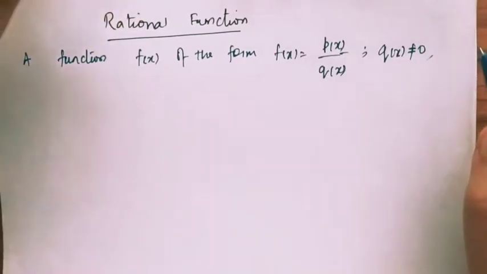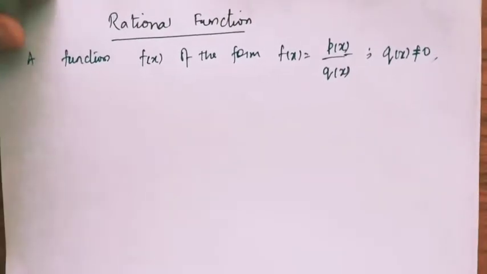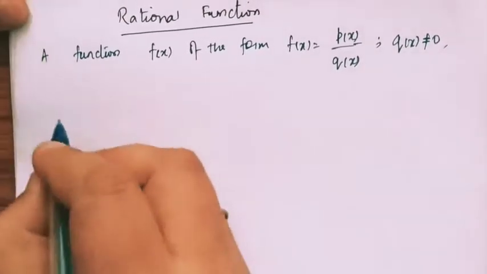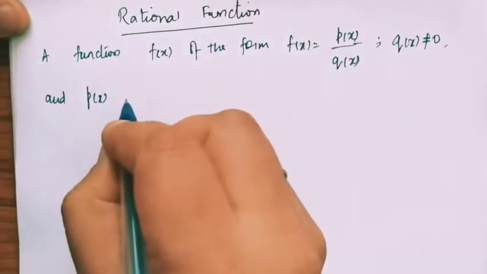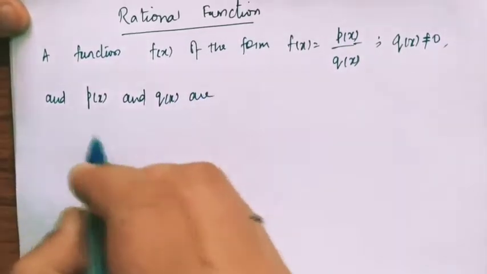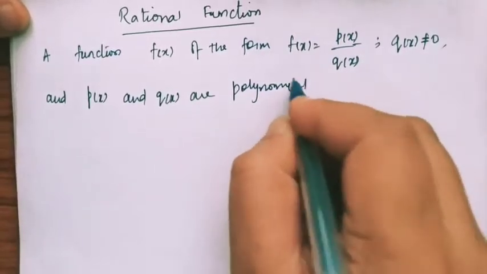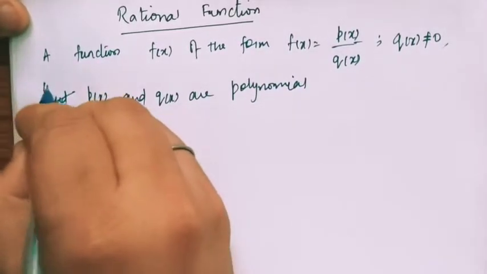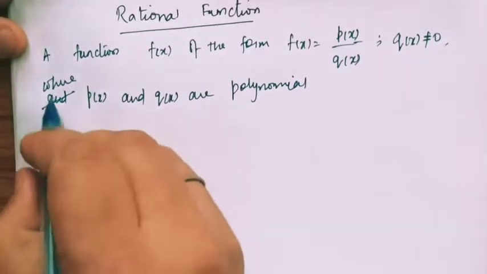So f(x) is equal to p(x) upon q(x). Any function of this type, where q(x) is not equal to 0 and p(x) and q(x) are polynomial functions, is called a rational function.